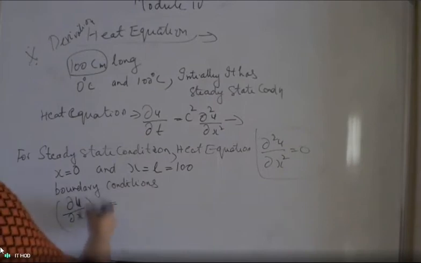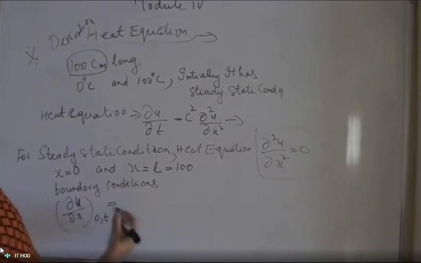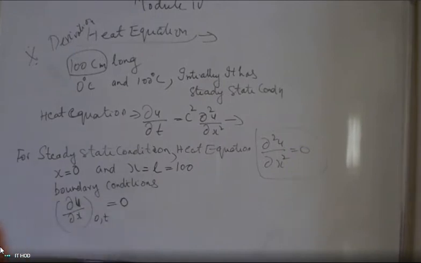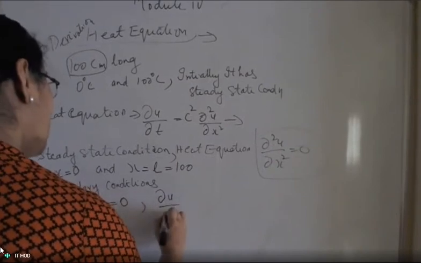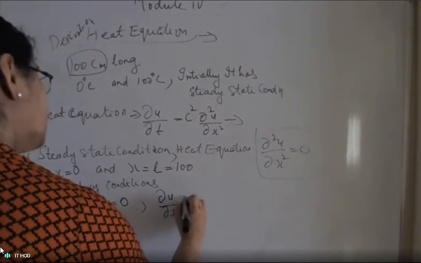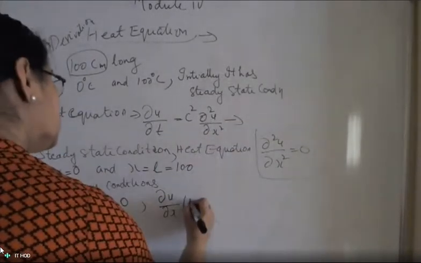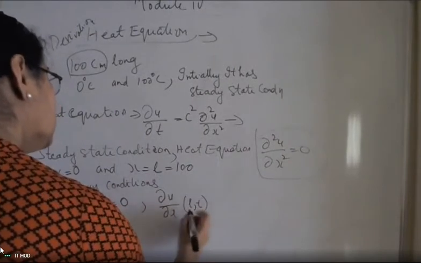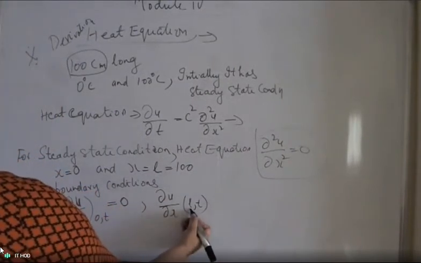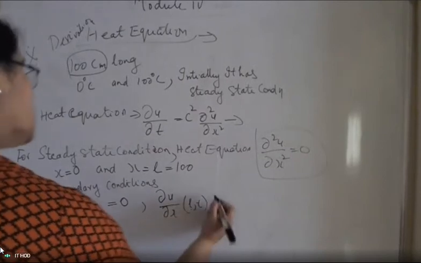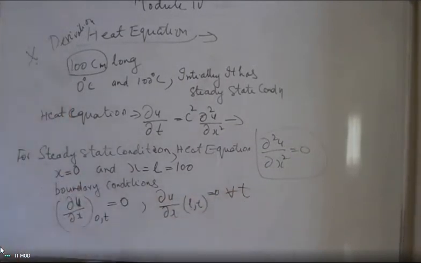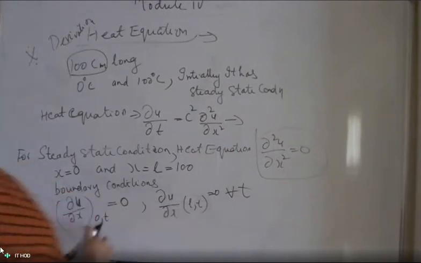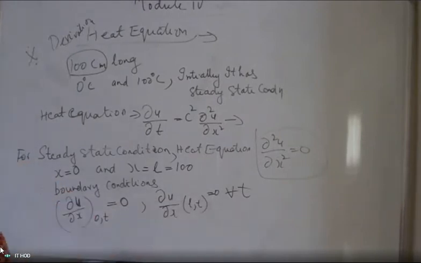So the variation of the temperature at the initial state is 0. And also at the other end, dou u by dou x at (L, t), that is the distance x and time t, is also equal to 0 for every t. These are the boundary conditions we can get from the question.